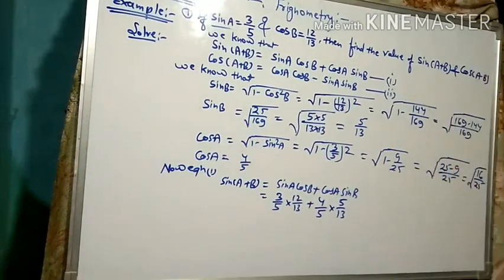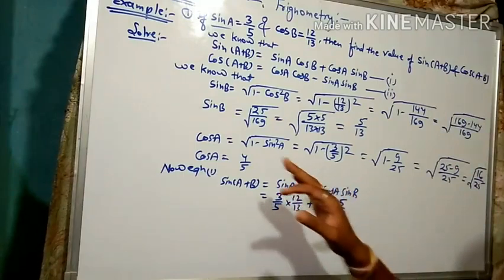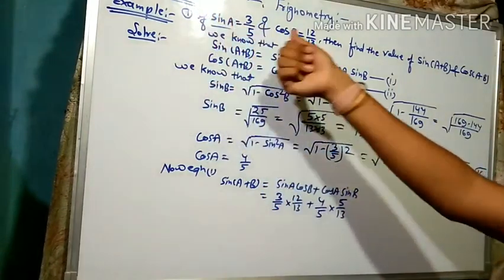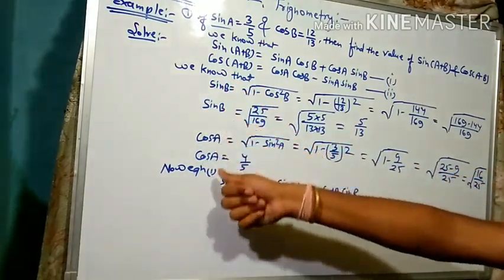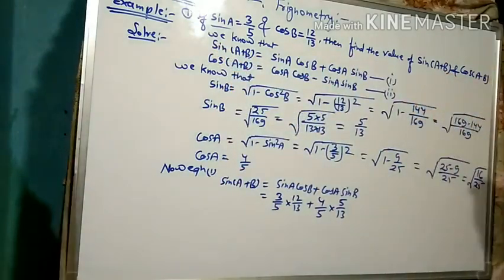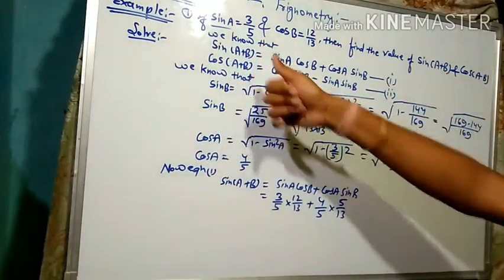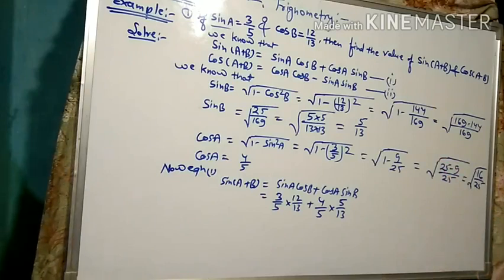We put these values in the formula. Given sin A and cos B, we can find sin B and cos A, because they are needed in both terms, sin(A+B) and cos(A+B). Hope you understood what I am saying.